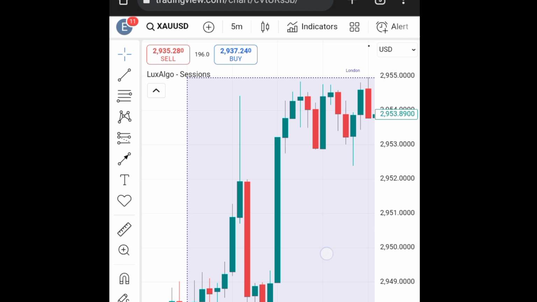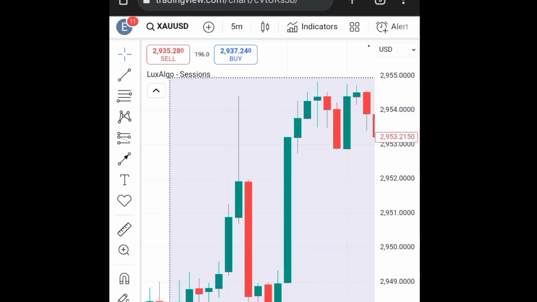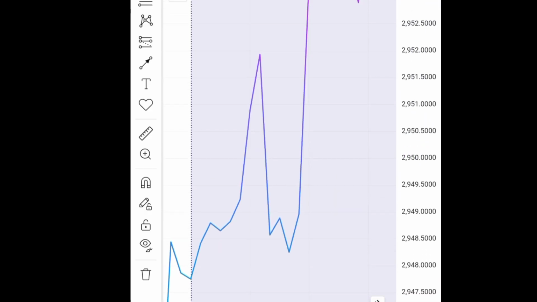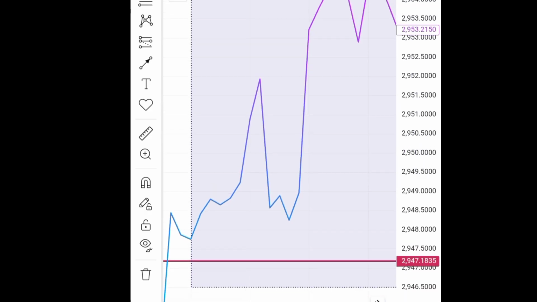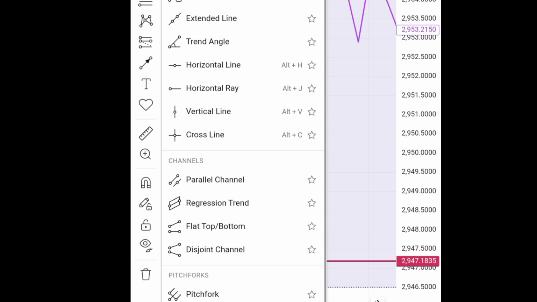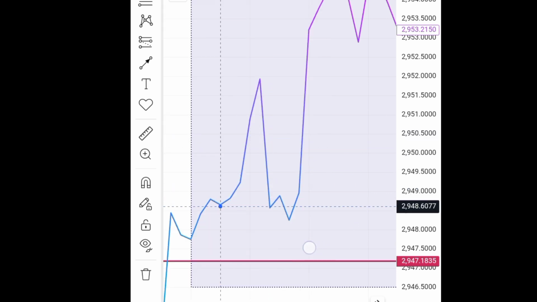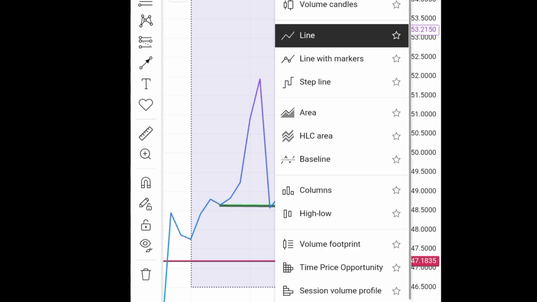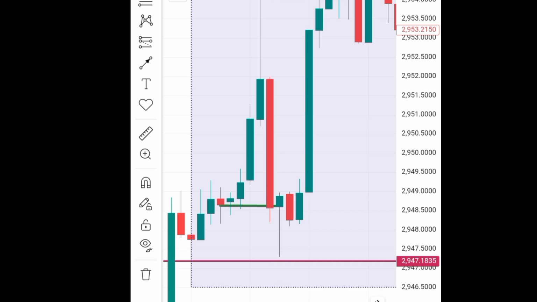So now let us turn this to a line chart. We've turned it to a line chart and we've seen that this market was able to break structure to the downside, which is right here. Let us check if truly it broke structure to the downside.